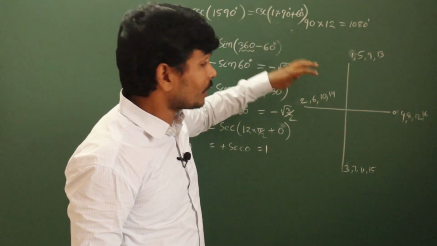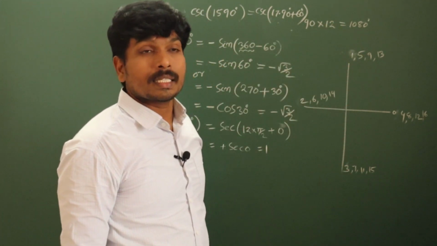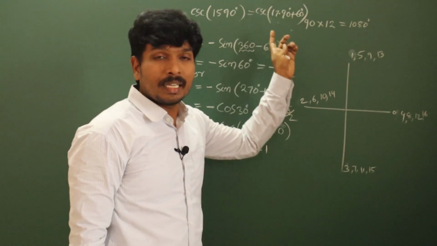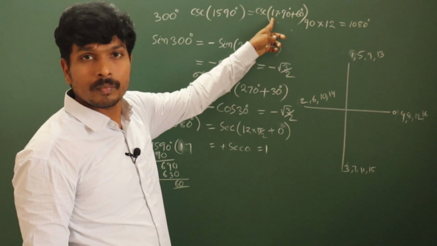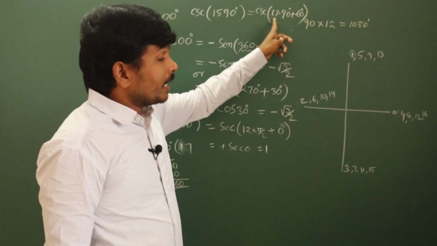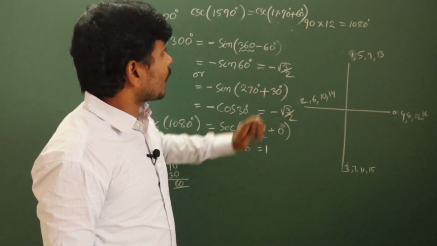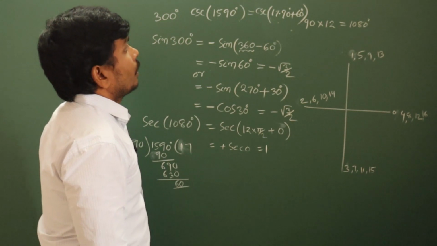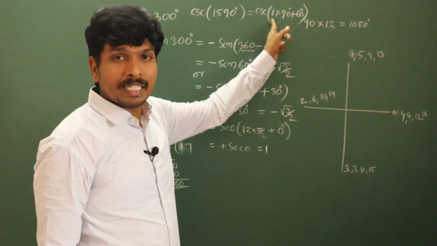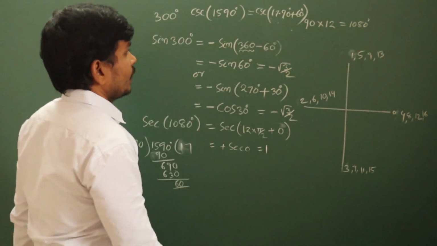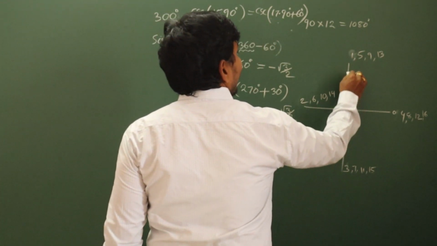Leaves the remainder 1, that is a positive y-axis. 17 divided by 4 leaves the remainder 1. So that's why it is in a positive y-axis.